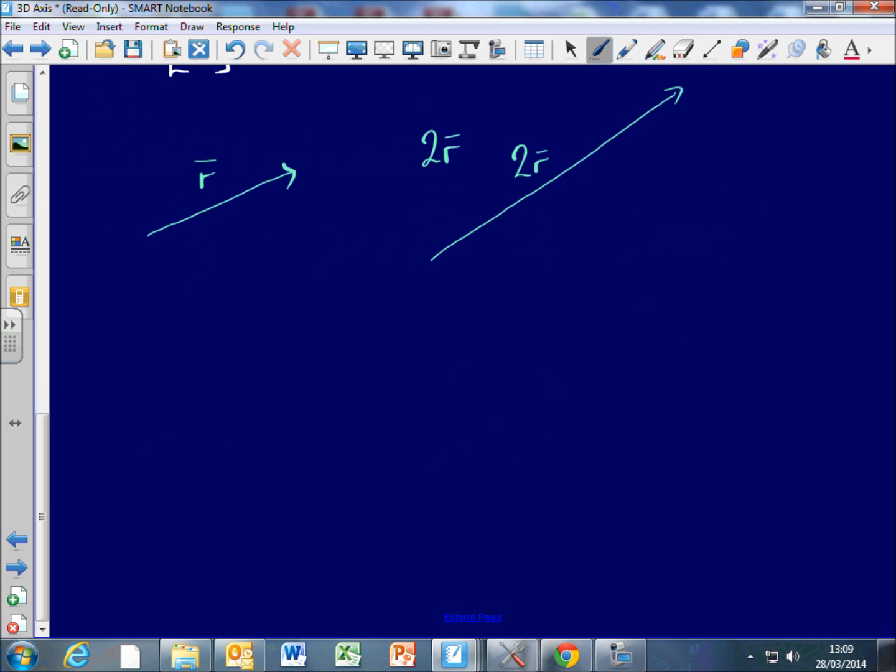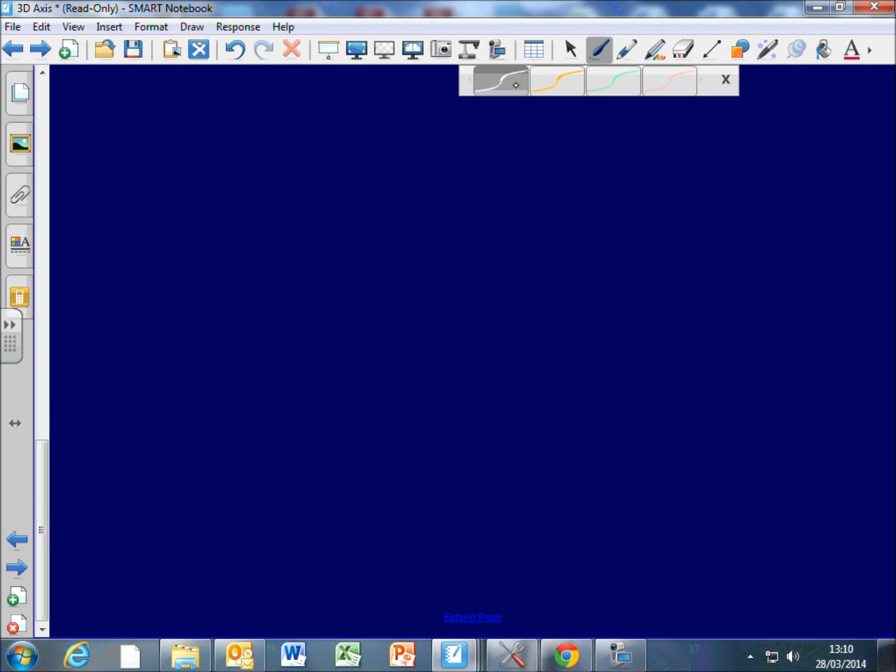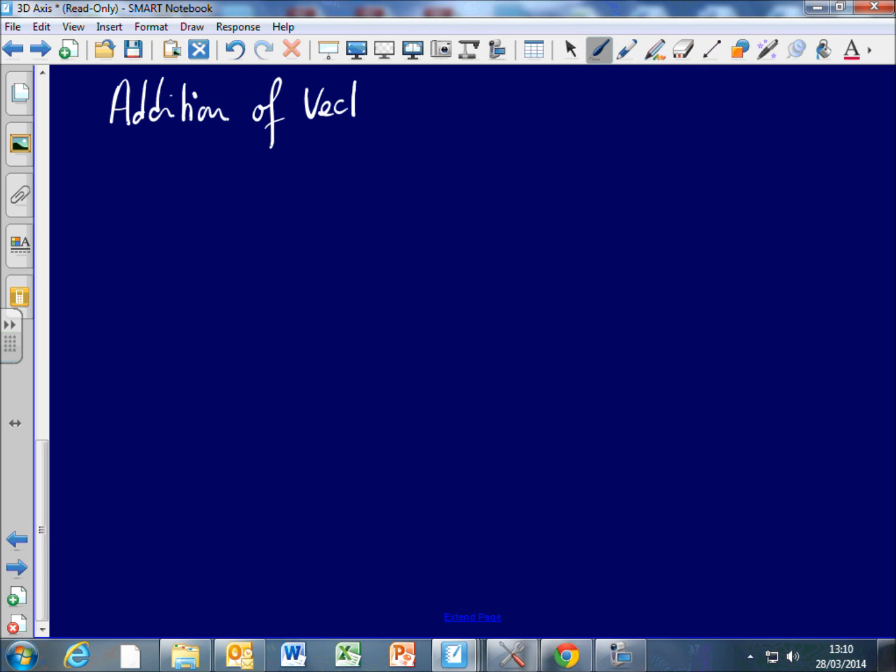Let's quickly talk about addition, and then we'll stop and we'll do some questions. So addition of vectors. Let's come up with a couple of vectors. I've got A. What should we have as A? Let's have (2, 3).